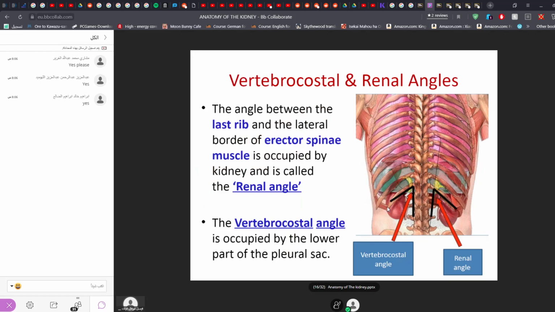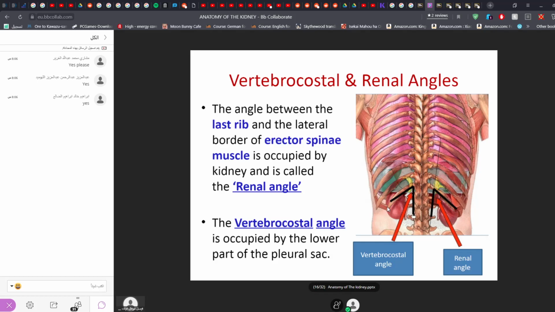These are the two important angles formed on the posterior aspect by which we can proceed towards the kidney, from the posterior thoracic wall on the lower part. There are two angles formed over here. One angle is called the vertebrocostal angle.